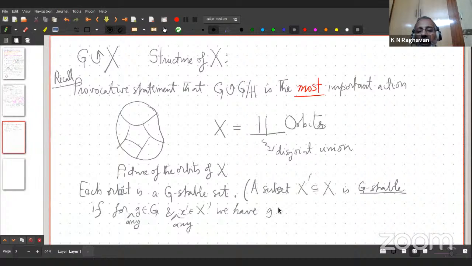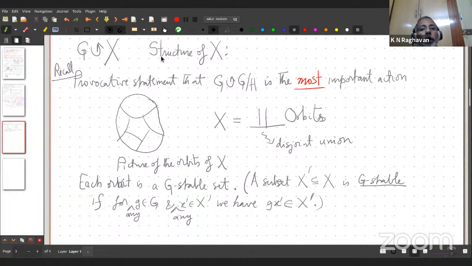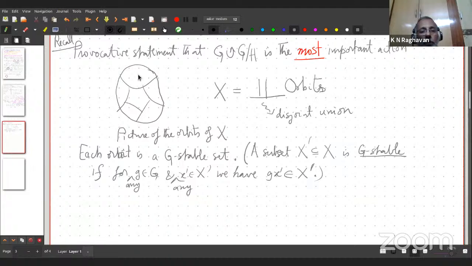So if I take an element of the subset and act on it by an element of the group, it belongs to the subset. It doesn't go out. That's the meaning. Okay. And an orbit by definition is stable because when I take an element here and act an element of G on it, I get another element in the orbit, right?